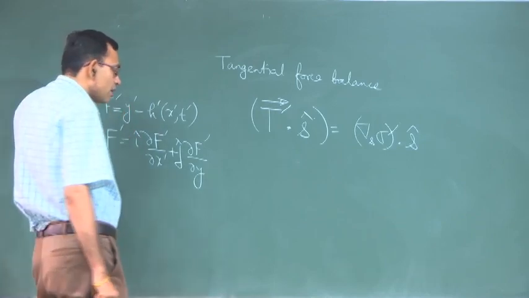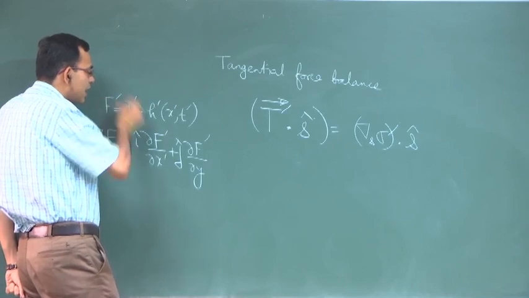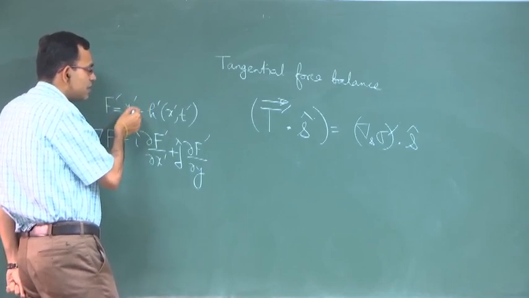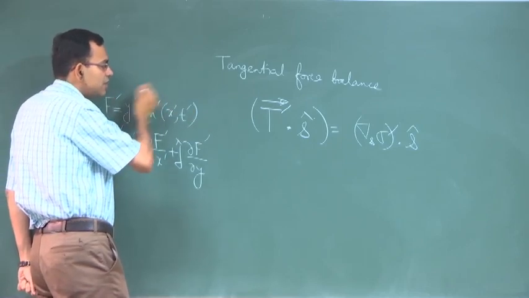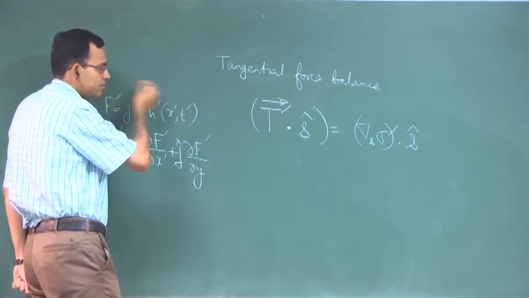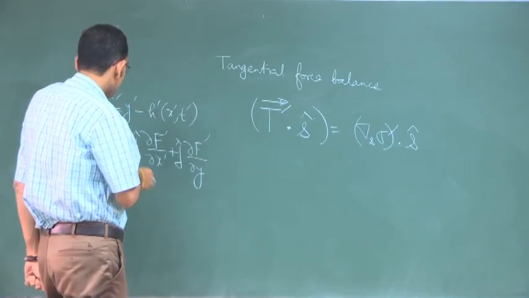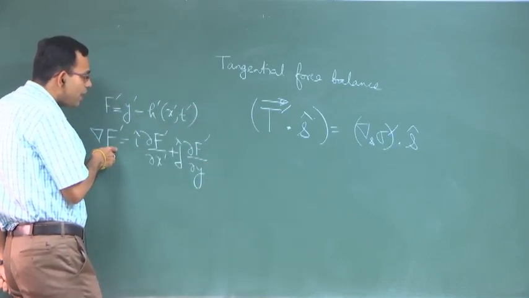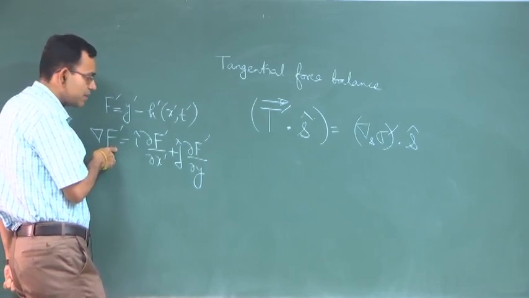So, if f is a function, then its gradient is a vector which is normal to the function f drawn in a suitable plane. So, grad f will be in the direction of n. That is the first thing.